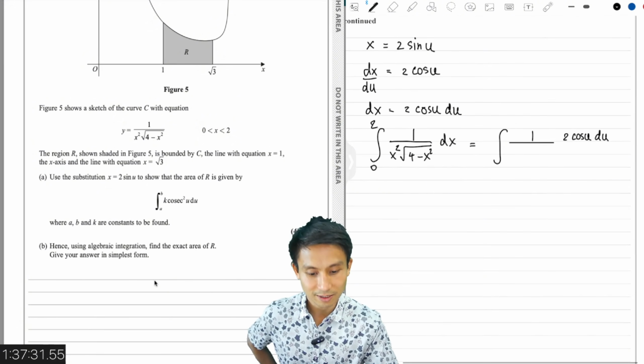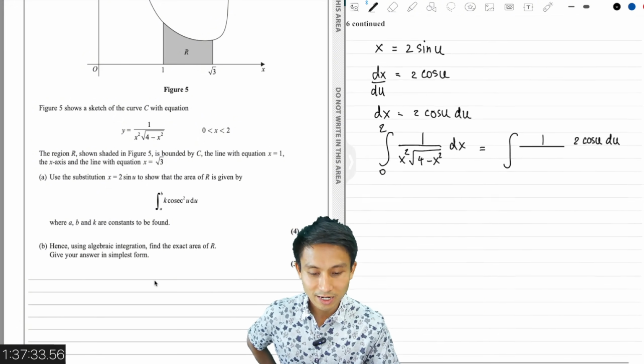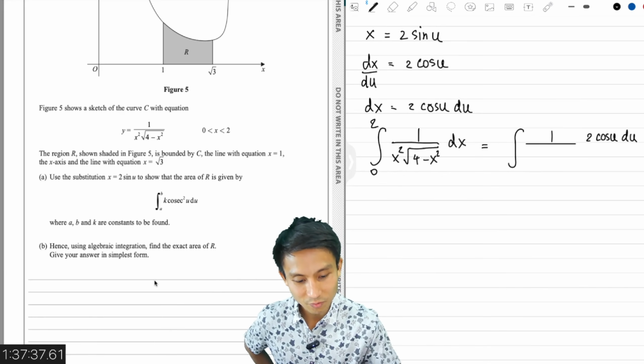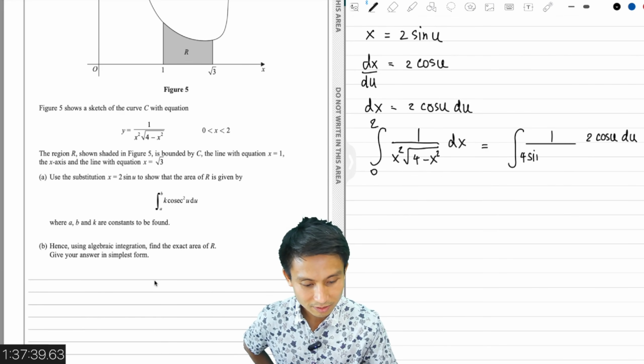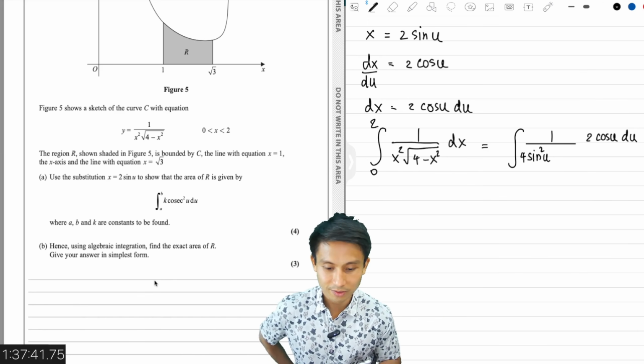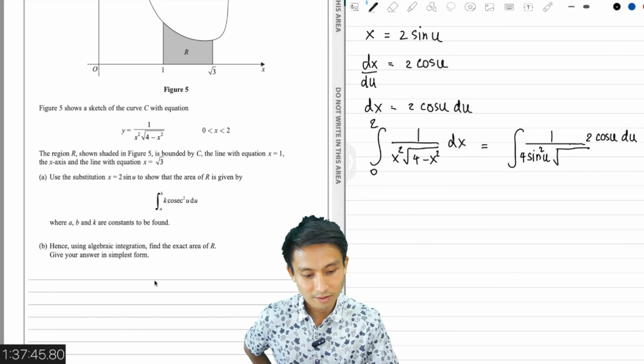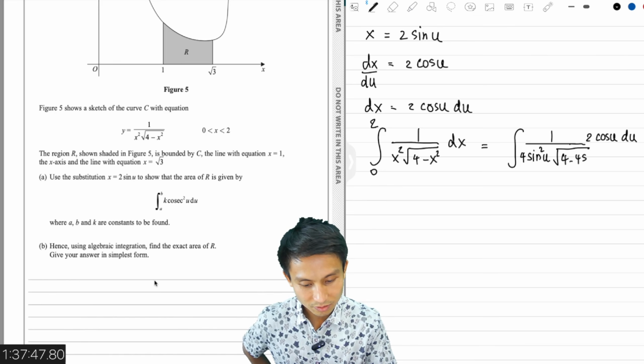And then x squared down here, let's just square this thing and put it in, so 4 sine squared u. And then in the square root there, I would have what? 4 minus 4 sine squared u.